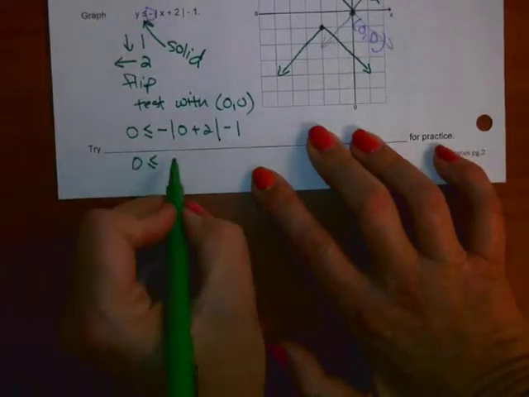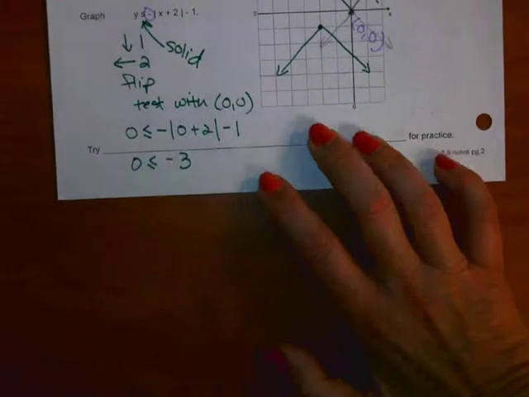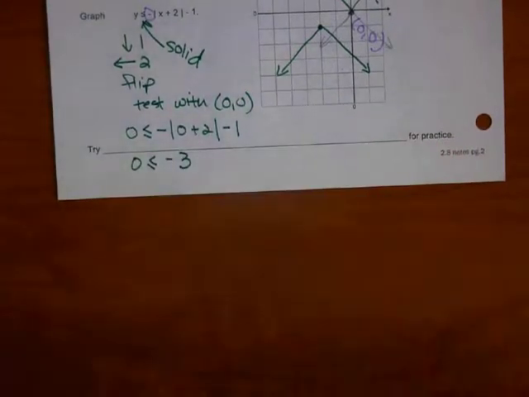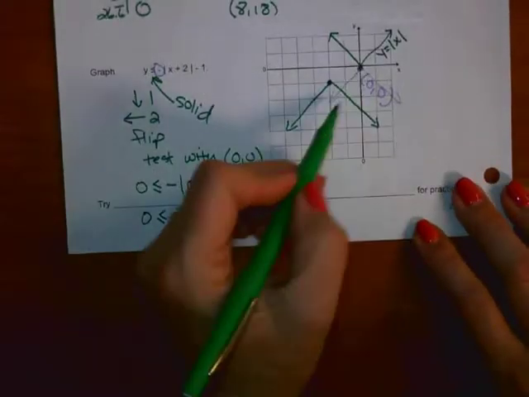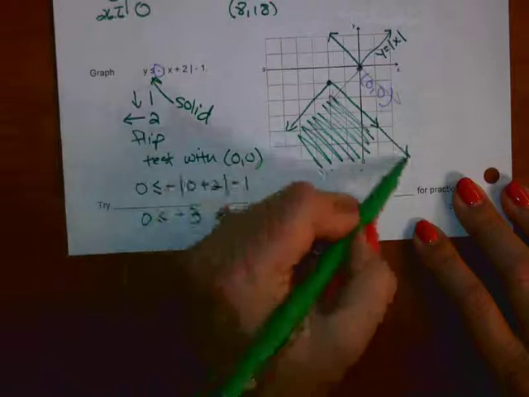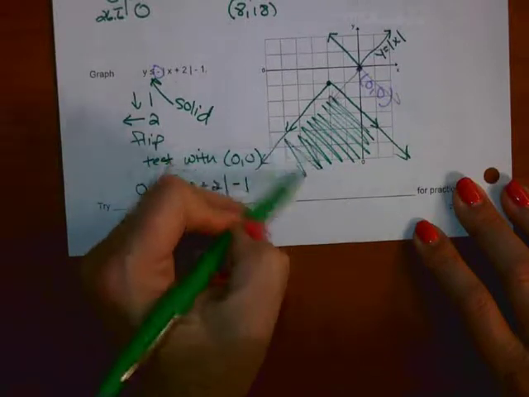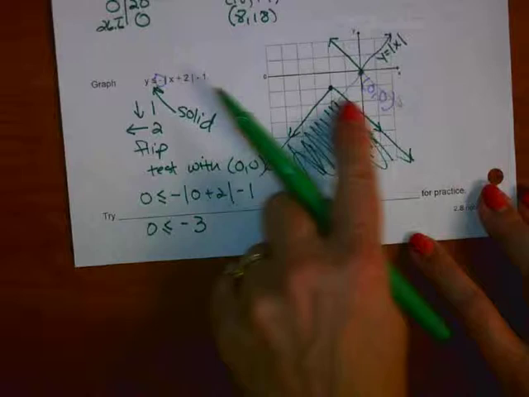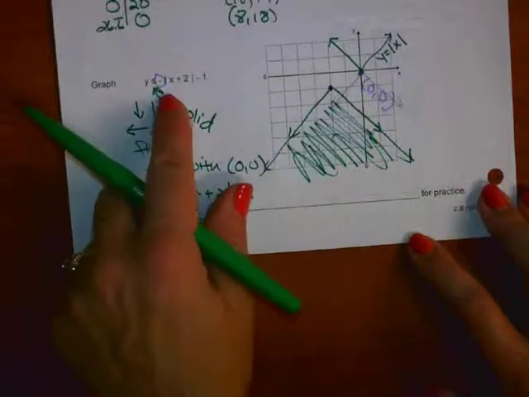Is this going to work? No, 0 is not less than -3, is it? No. So where do I shade? Above. In the top, in the part that does not have 0, 0. This contains all the solutions to that inequality.